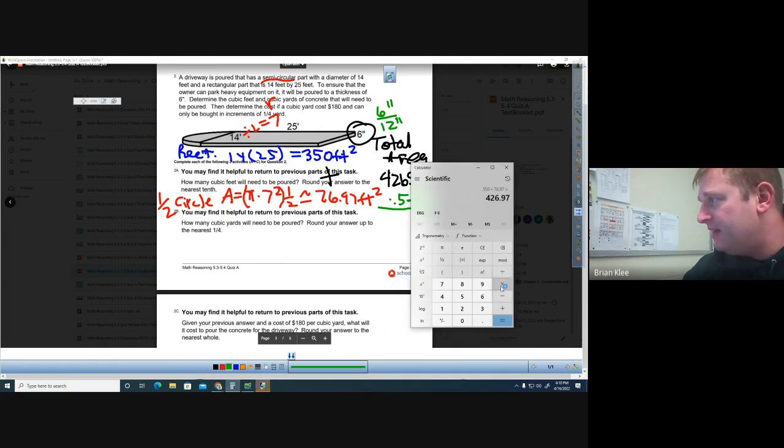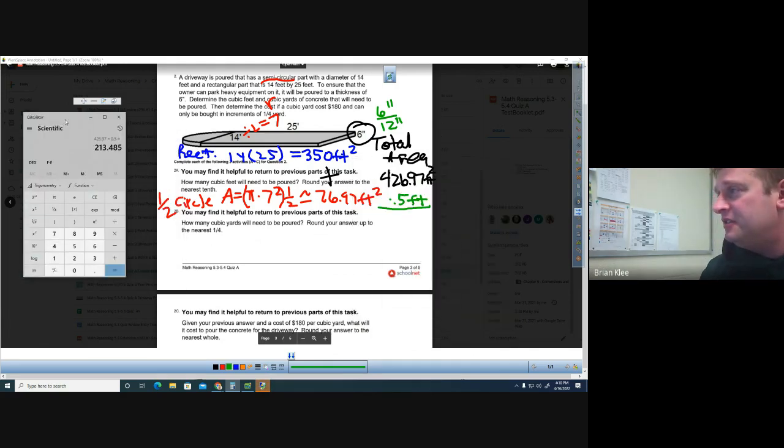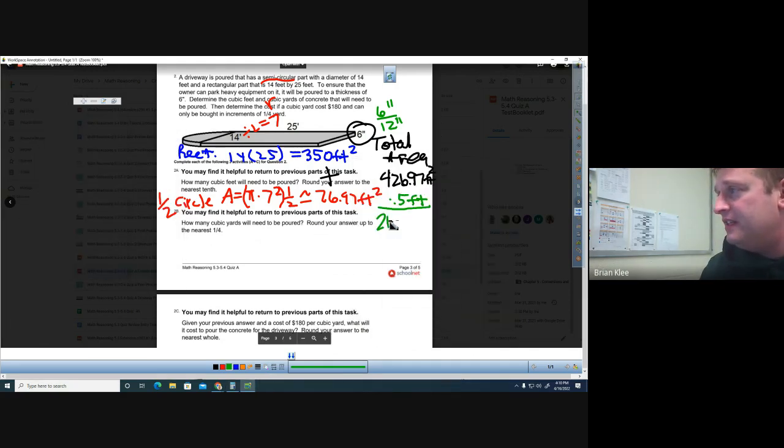So that's sitting in my calculator. I hit times 0.5. Our final answer, rounded to the nearest tenth, should be 213.5 feet cubed.